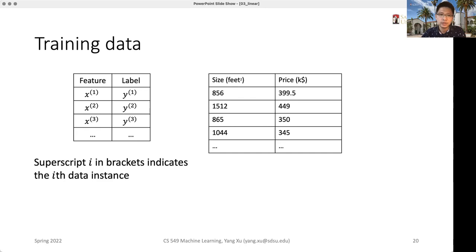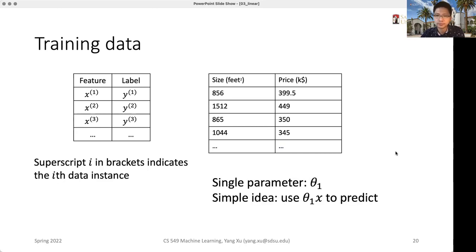Note that we give the superscript i to each x and y to indicate that it is the i-th data point or i-th data instance among our data set. And then we will define our model, our linear regression model.